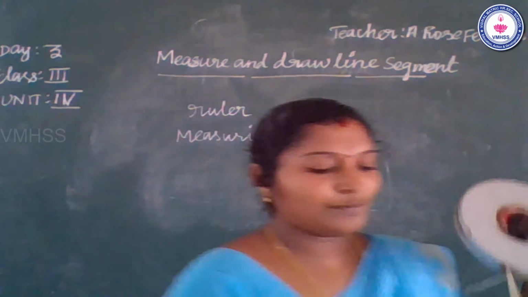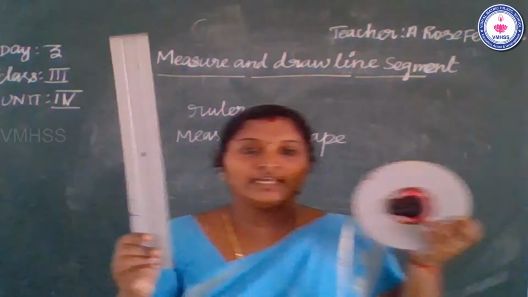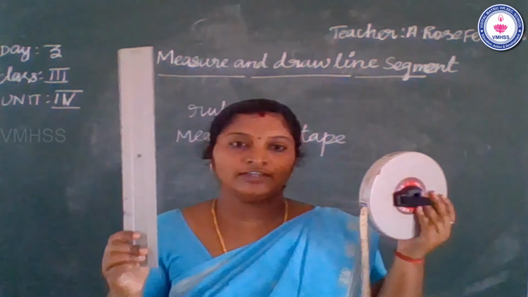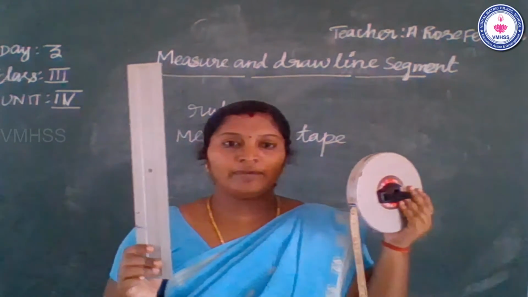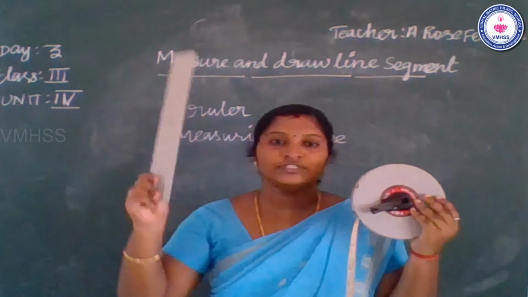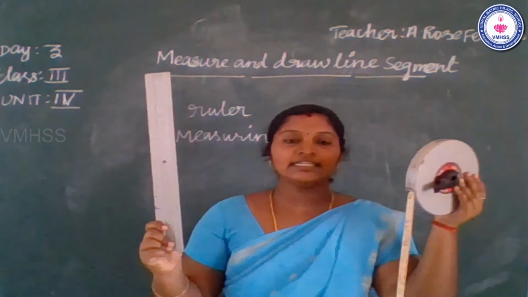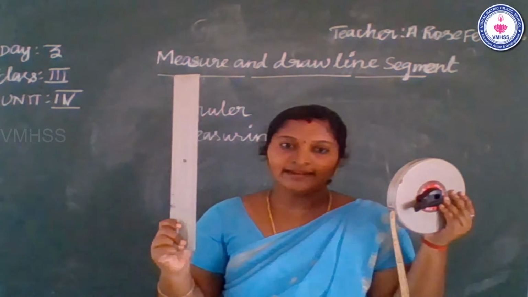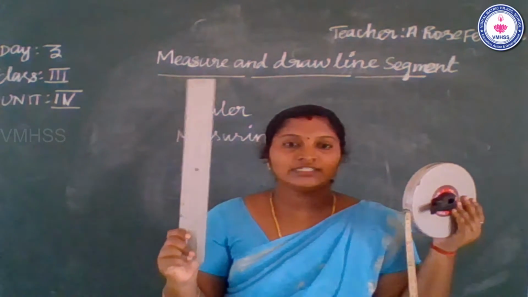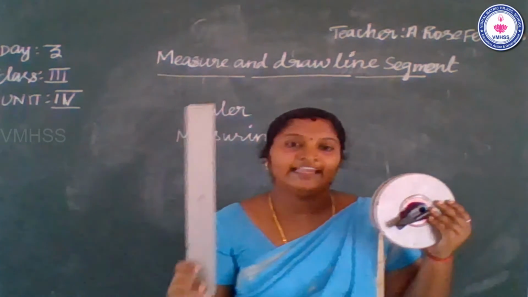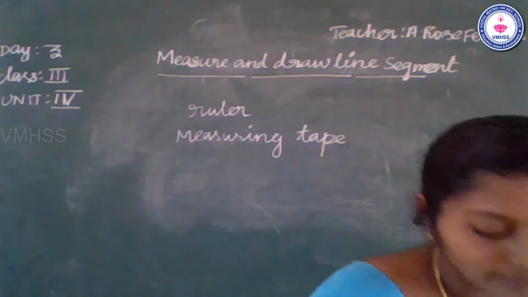This is the measuring tape and this one is the ruler. These are all uniform units. This is used to measure a length.